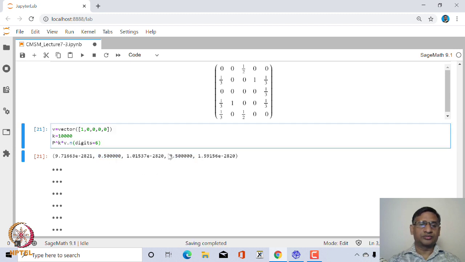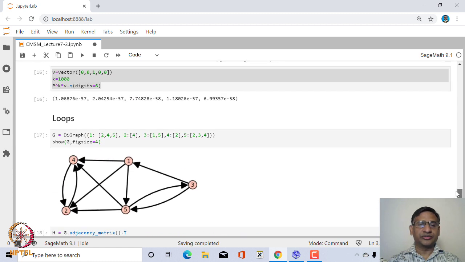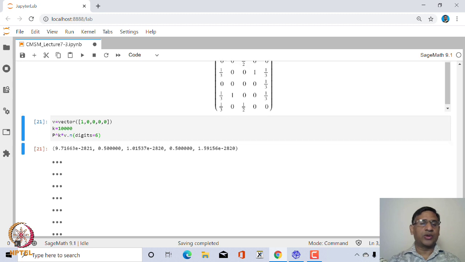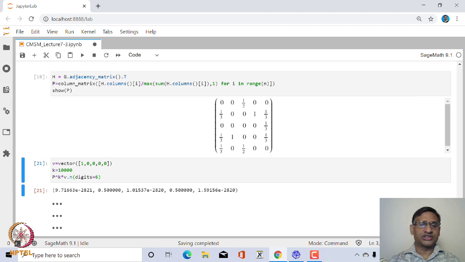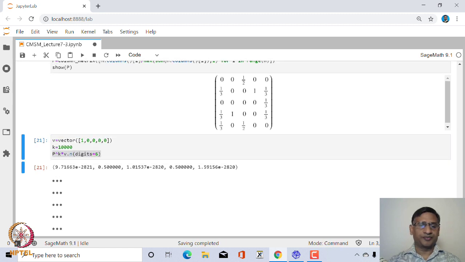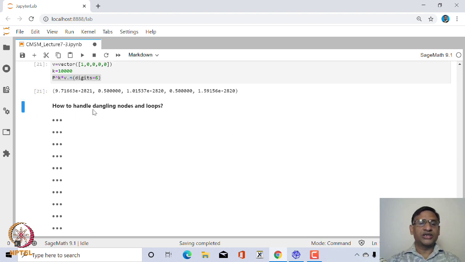So in case you have a dangling node or loop, this way of finding the eigenvector with respect to eigenvalue 1 may not work, or just finding the importance by taking a large power times the initial vector will not work. So the question is, how does one deal with such things?